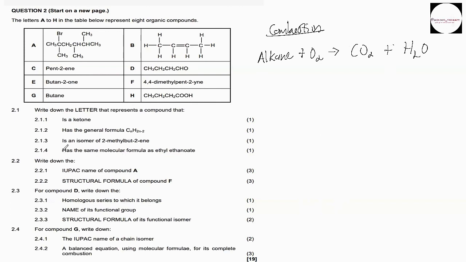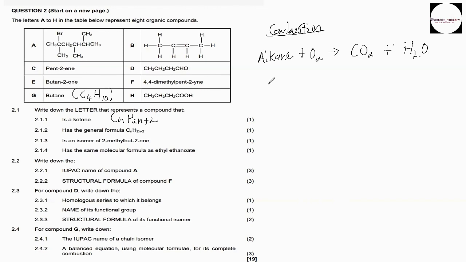Now, what is our alkane? Our alkane is compound G, which is butane. Now we know the molecular formula for butane is C4H10, right? Using the formula CnH2n+2, if we have 4 here, that's 2 times 4, 8, plus 2, that's 10.